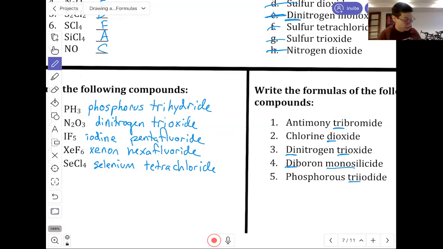So those 5 should be a little faster. And if you're having problems finding antimony, it's Sb. Because Latin.